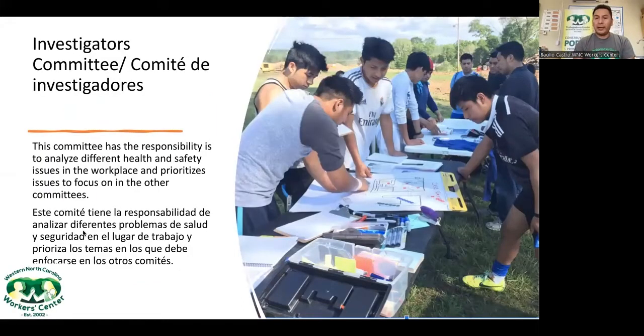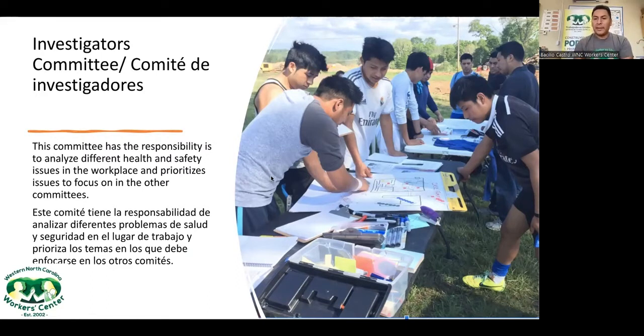Here we also have some workers at the chicken plant who are working on the investigators committee. It's very interesting because we have tried to involve member leaders from different sectors of the same plant: there are the people from the live chickens, and there's the section of the chickens that have already been cleaned.